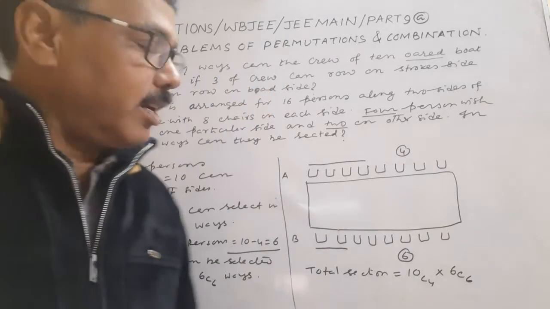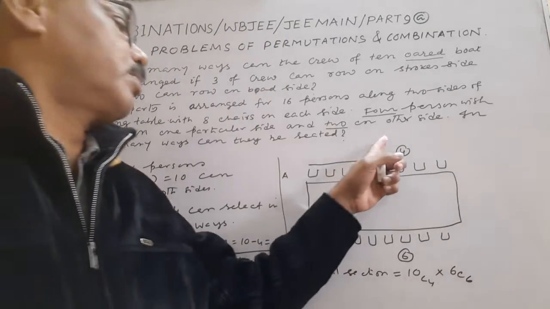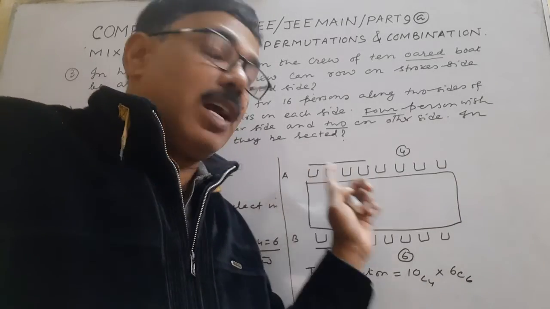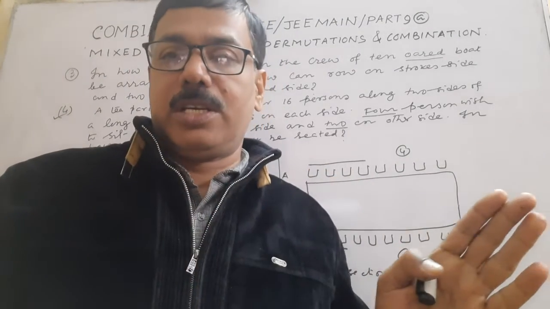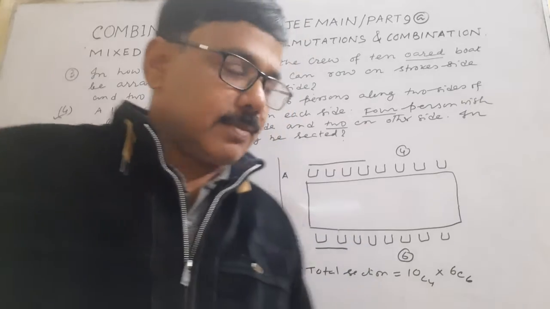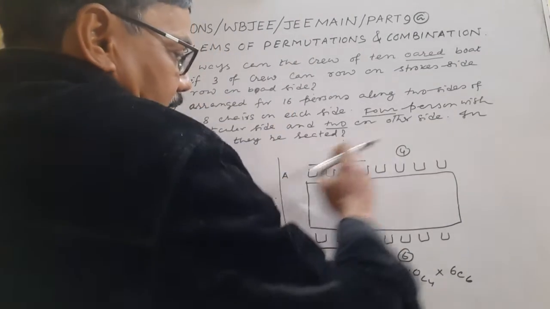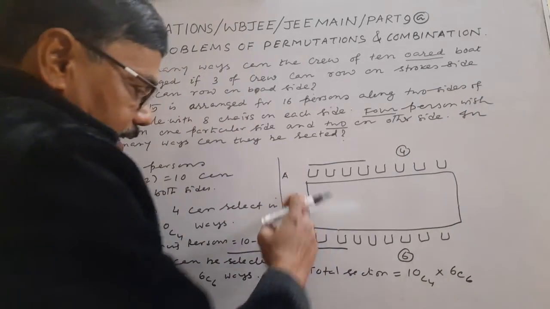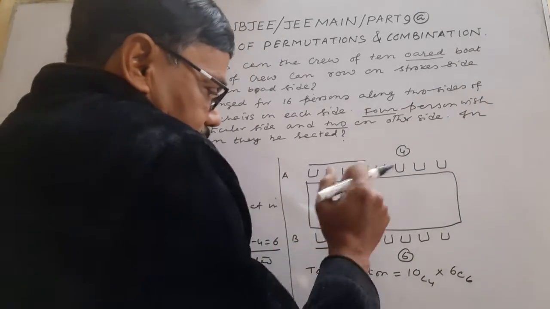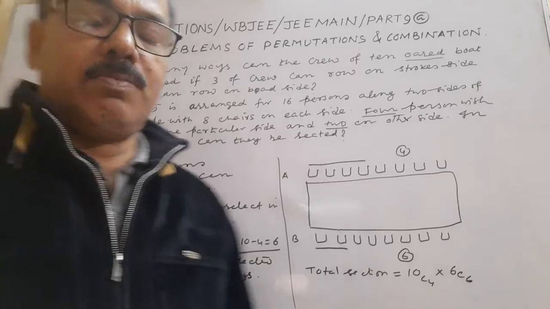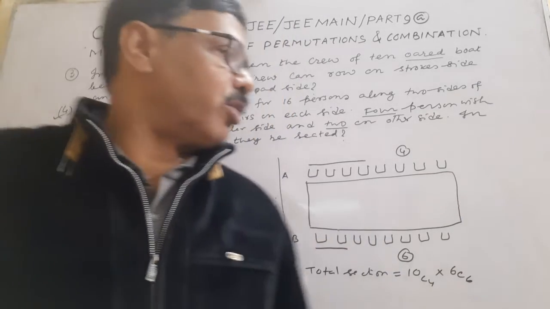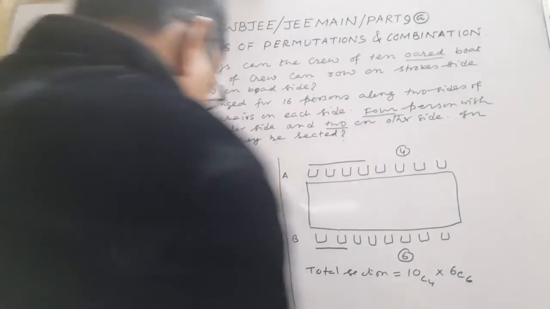But look, there is no restriction that these 4 persons sit side by side. So 8 persons can be arranged in side A in factorial 8 ways, and in side B they can be arranged in factorial 8 ways, because there is no restriction about arrangements.